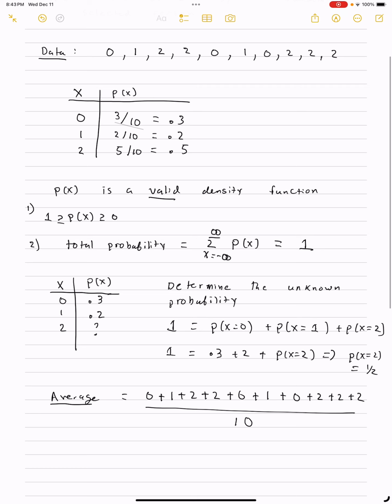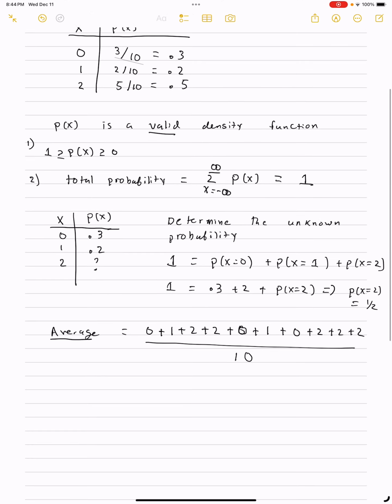So let's go ahead and add this. And that's going to be 12 over 10, which is 1.2.